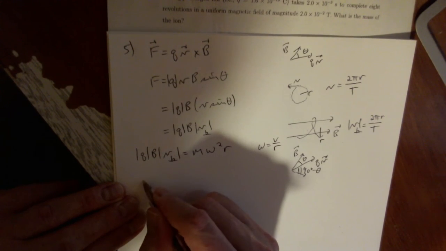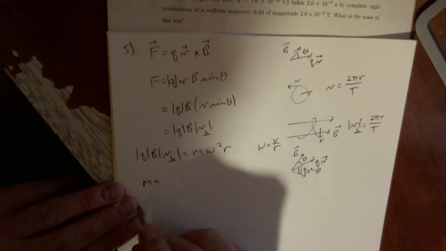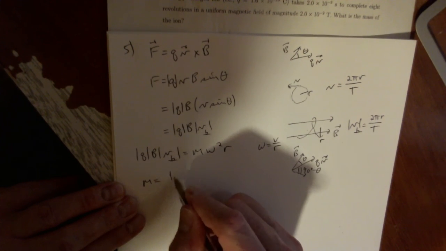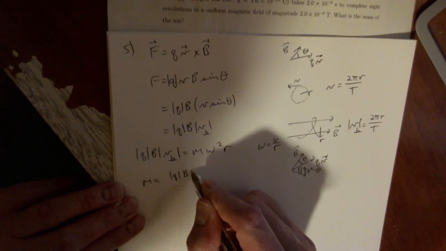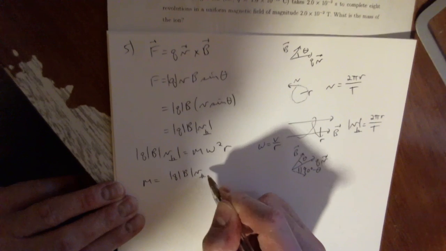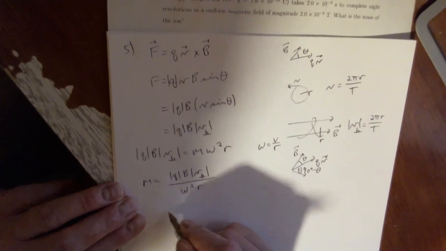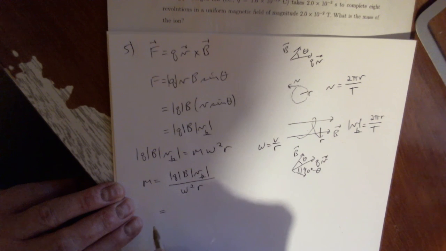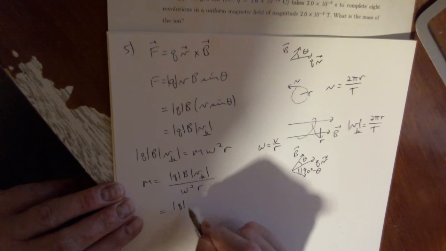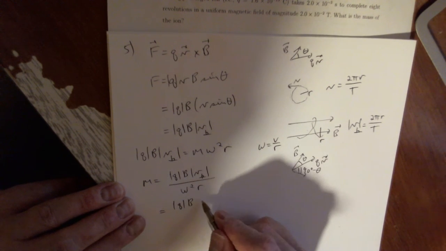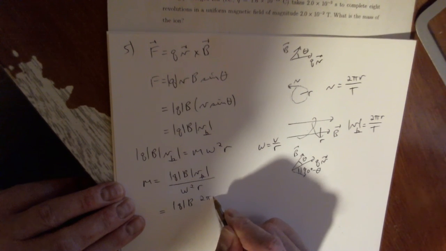So I want to solve for the mass, and so I divide through by omega squared r, and I get qB v perpendicular over omega squared r. V perpendicular is the 2 pi r over the period.